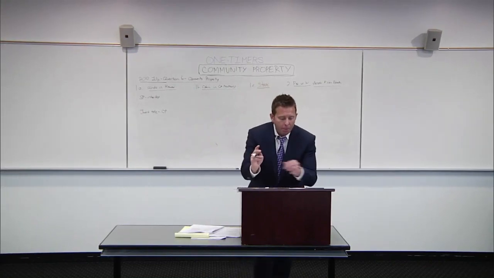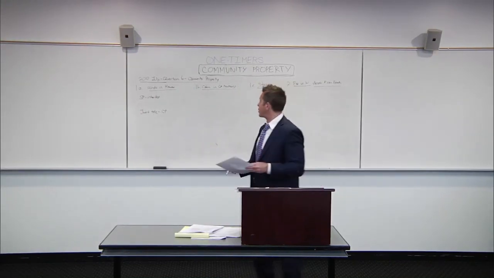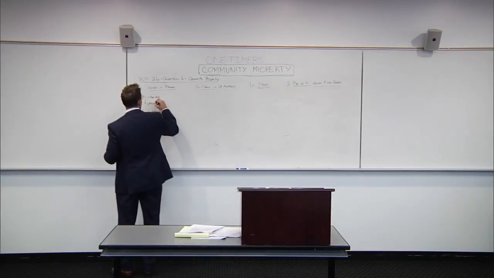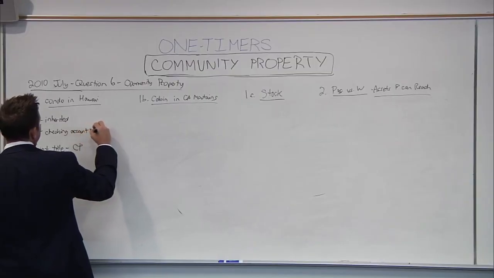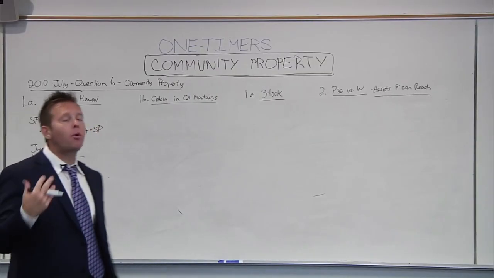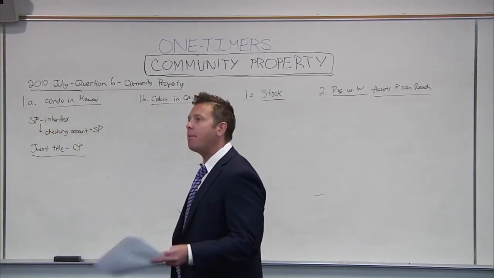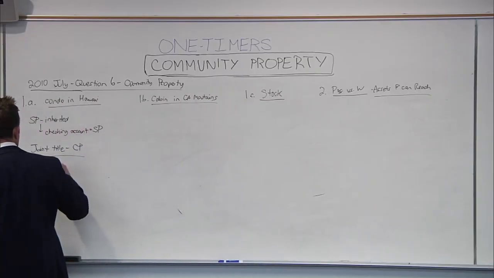But Harry paid the entire purchase price from his checking account. Well, where does the checking account come from? From his inheritance. So the checking account, which is in his name alone, is fine because it's still separate property. So he's now put separate property into a community property asset. So what happens there? He gets reimbursement.